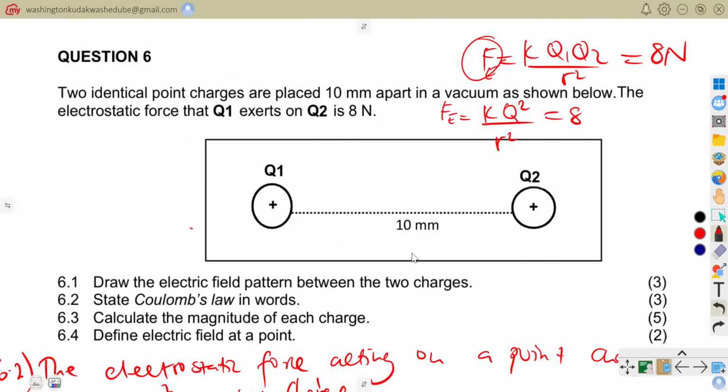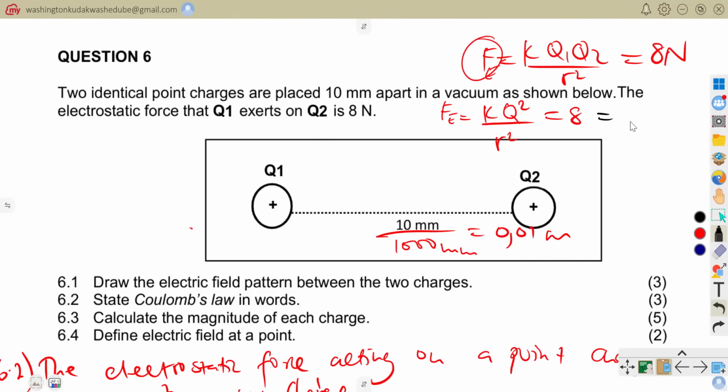And then what is the distance in between? 10 millimeters divided by 1000 to make it in meters, that would be 0.01 meters. So that is the radius that I'm going to use. Now, what is my K?